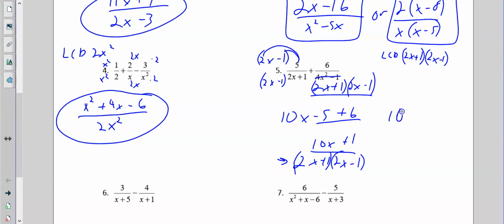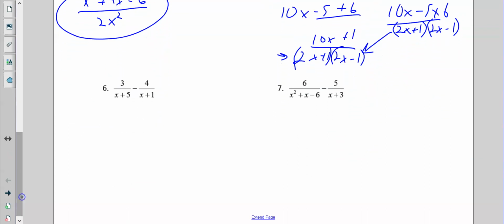So some of you might need to do this. I'm not going to do this every time, I'm just going to remind you. Some people need to do this so they don't lose the bottom, because sometimes people will just do the top, write 10x plus 1 and go on, and they forget to write the denominator. So you do what you need to do for your brain.